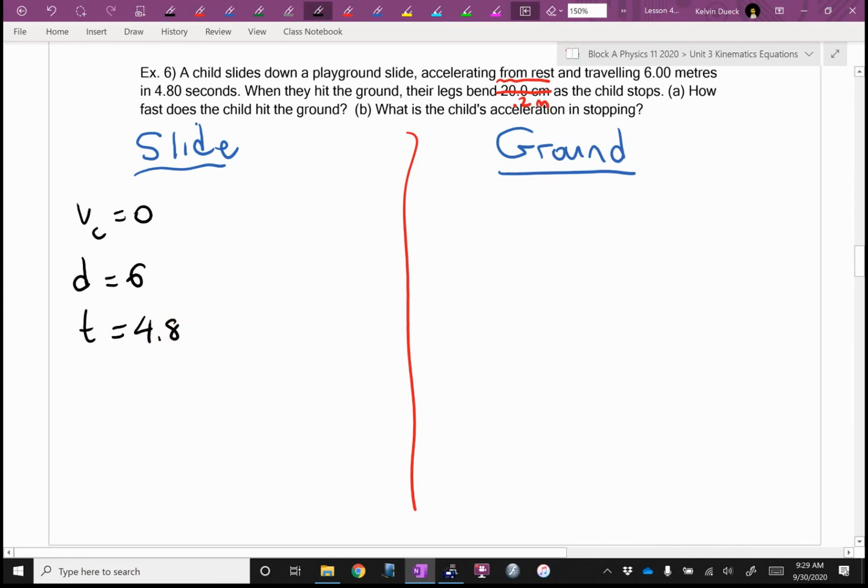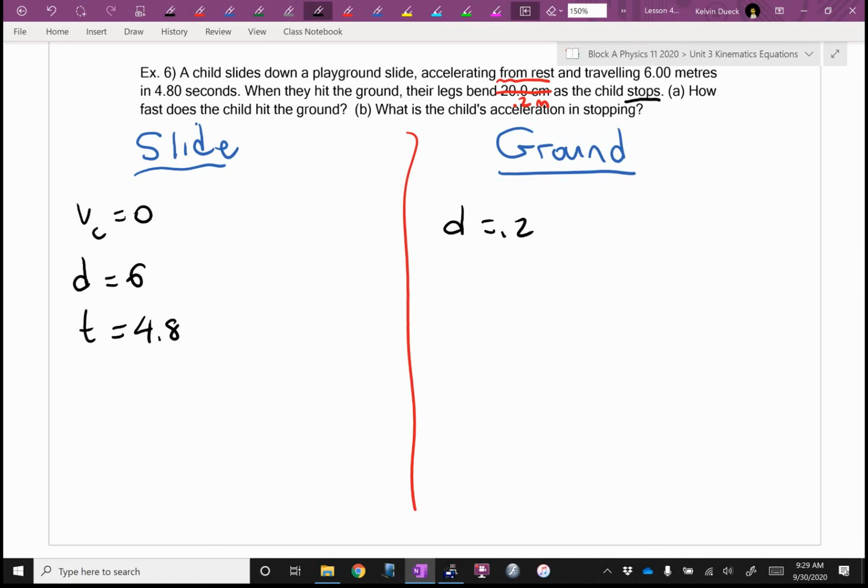0.2. It's meters, got to be a distance on the slide or on the ground. There's one more word I probably should have underlined. Stops. That's a velocity on the slide or on the ground.